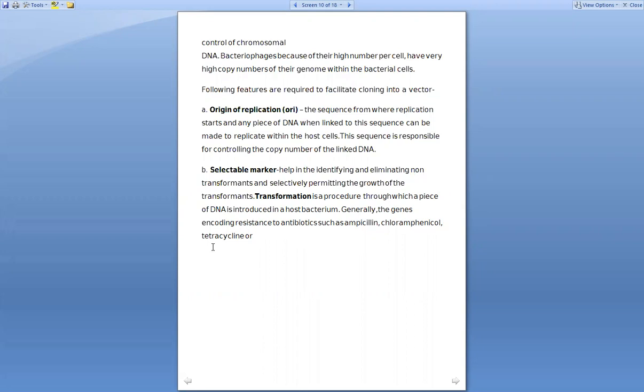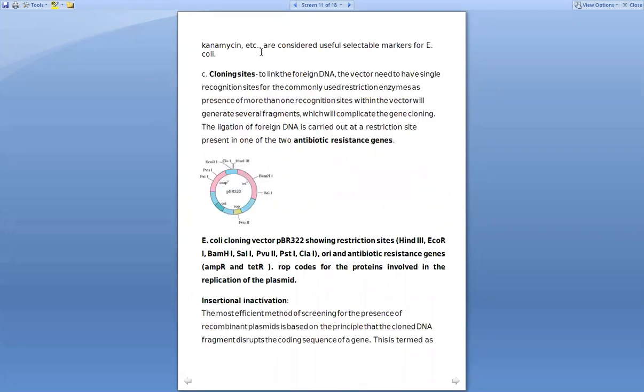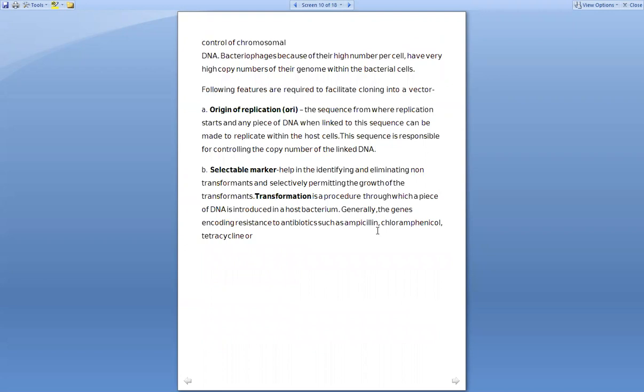Next, generally the genes encoding resistance to antibiotics such as ampicillin, chloramphenicol, tetracycline or kanamycin, etc., are considered useful selectable markers for E. coli. So there are many different antibiotic names given here. Amongst them, you have to remember ampicillin and tetracycline, right?